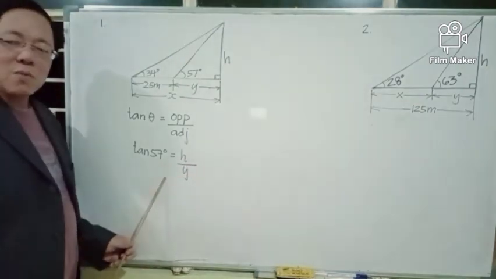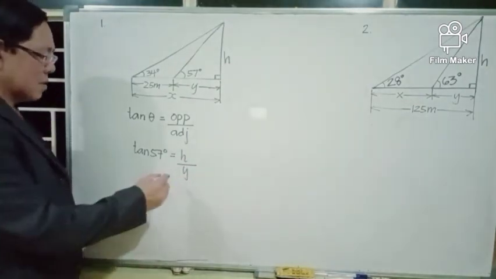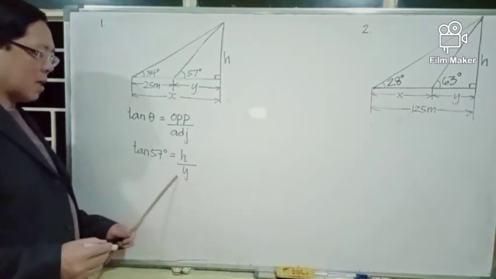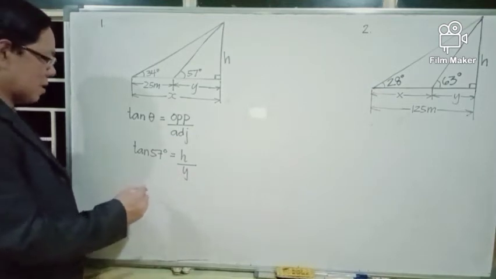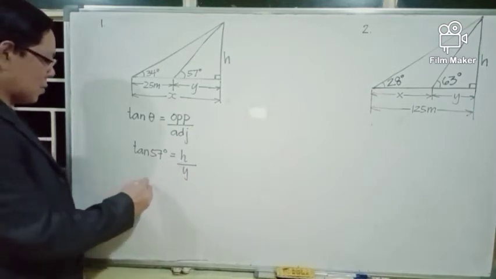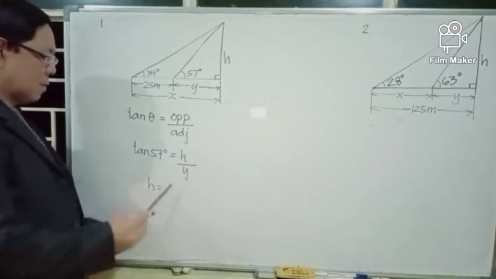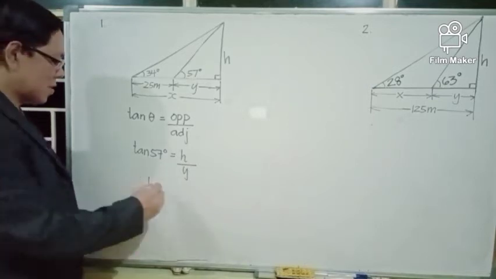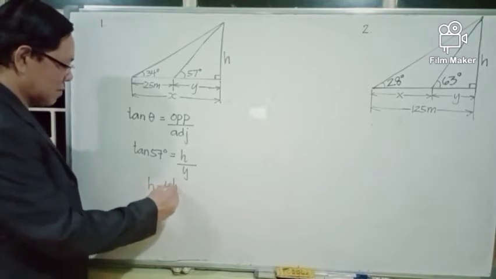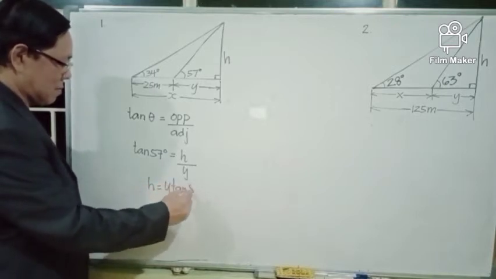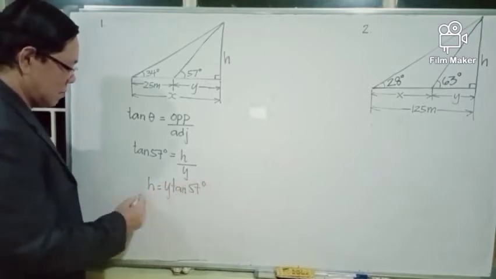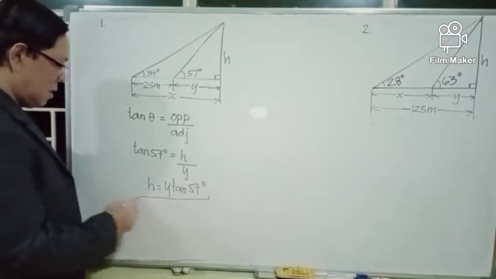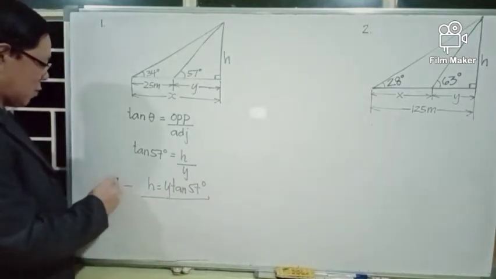From this equation, we solve for h. We multiply y by tangent of 57 degrees. h is equal to y times tangent of 57 degrees. And let's call this equation 1.